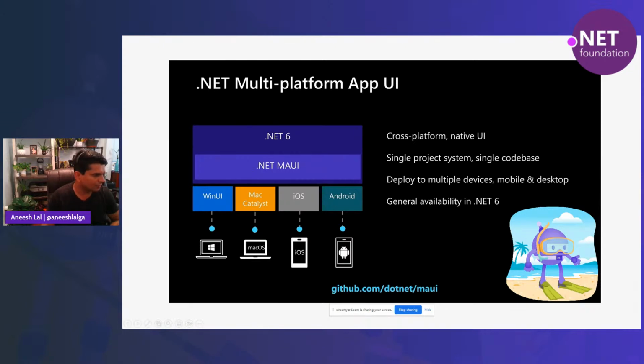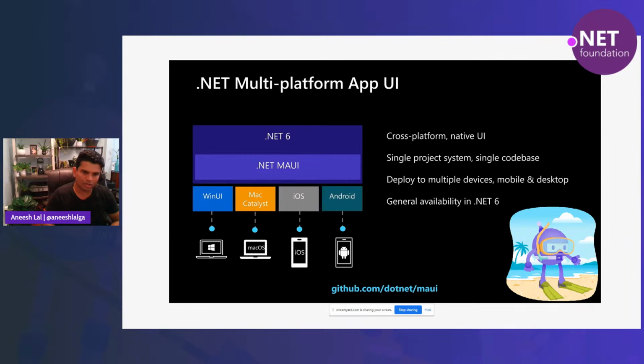So when I say native features, what it means on iOS is that iOS has UIKit, and MAUI can build the corresponding UIKit elements. I wouldn't say widgets, but the UIKit elements for iOS. But you don't have to worry about it.